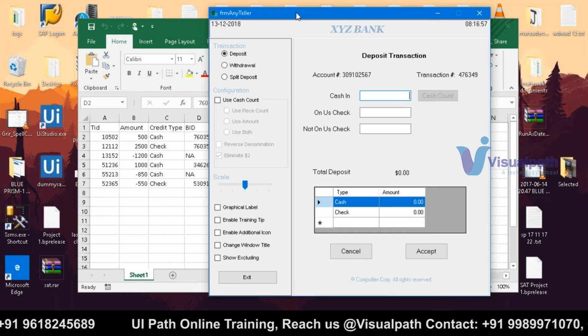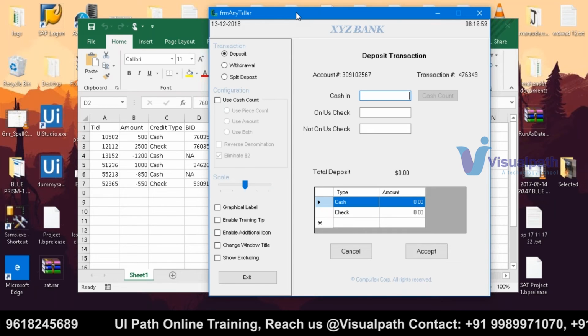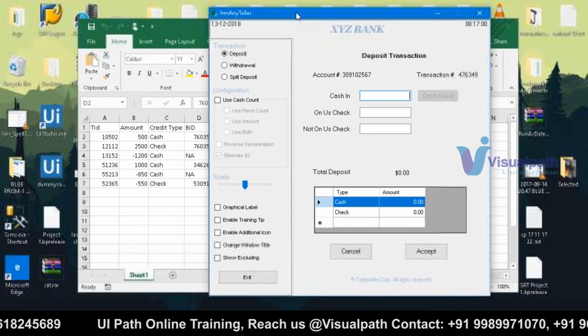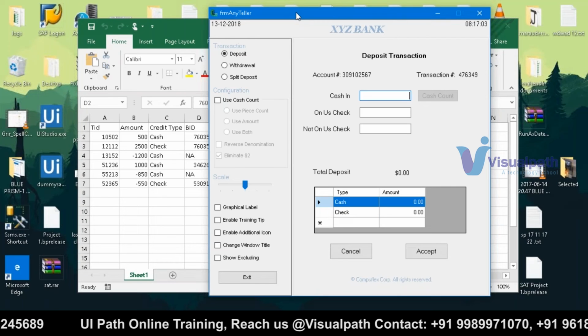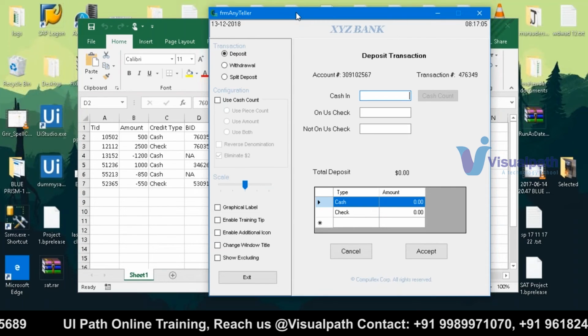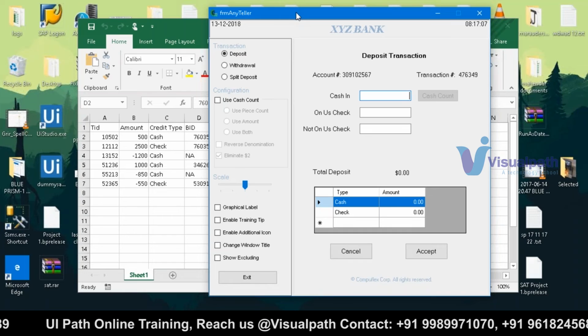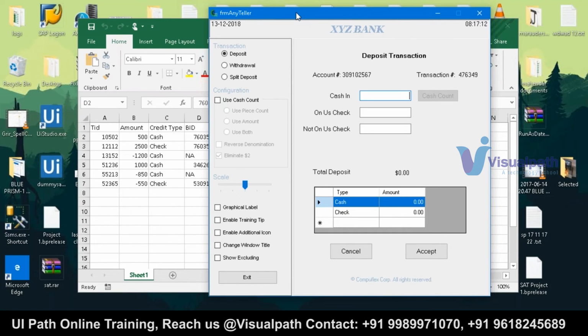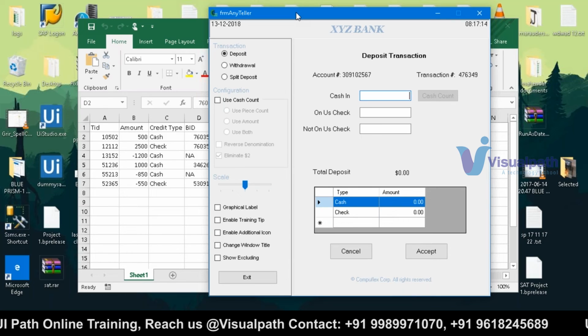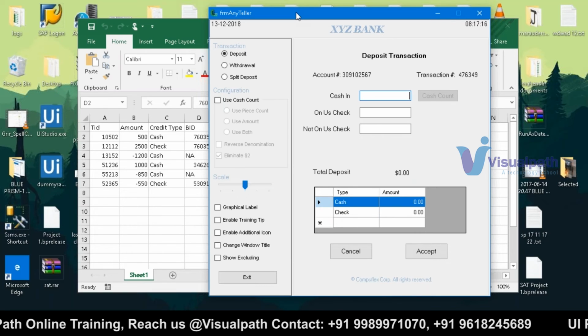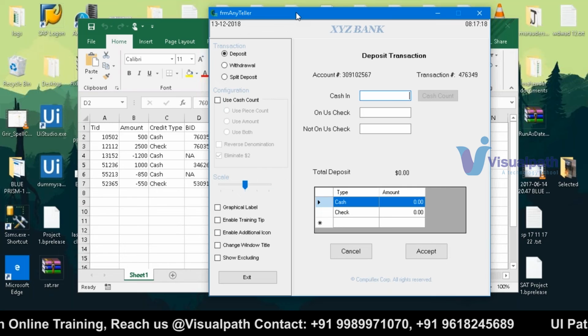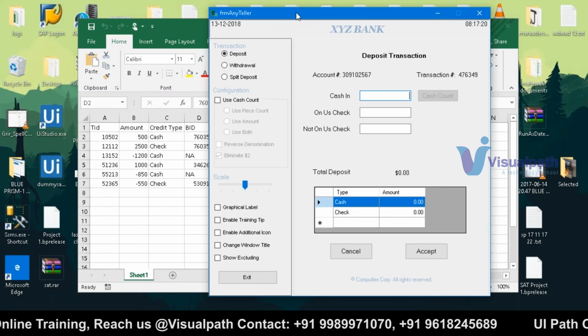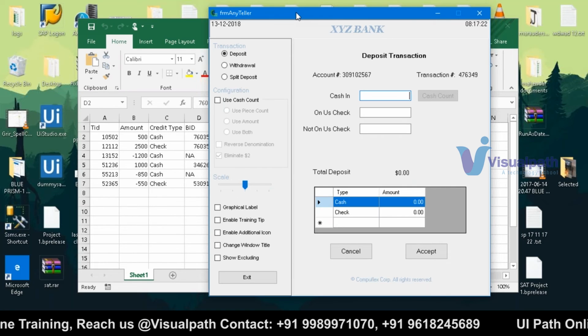Step 6, get the transaction information. Step 7, if the amount is negative and if it is cash, feed the transaction as NA and feed the status as failure. Step 7, close the Windows application. Step 8, save and close the Excel file. If you remember, what I have done manually is different from how UiPath is doing it. The steps it's following are different.